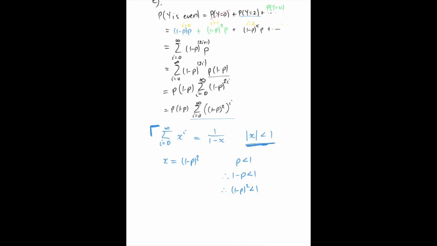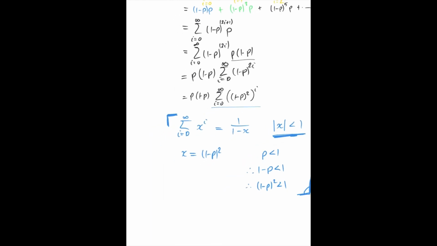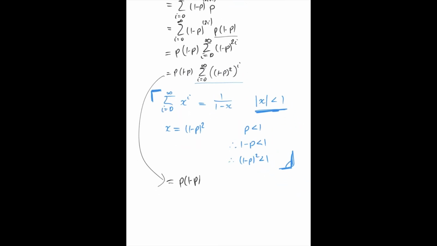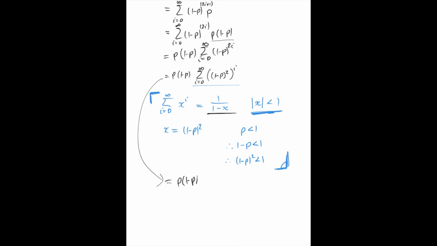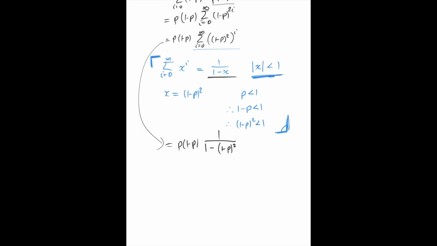So we can now cancel our aside and go back to our problem. We have p(1 minus p), and we can substitute in this form for our sum. So we have 1 over 1 minus, and instead of x we have (1 minus p) squared. Which is great and all, but we have to simplify it so we can show that it's what Jono asked for.